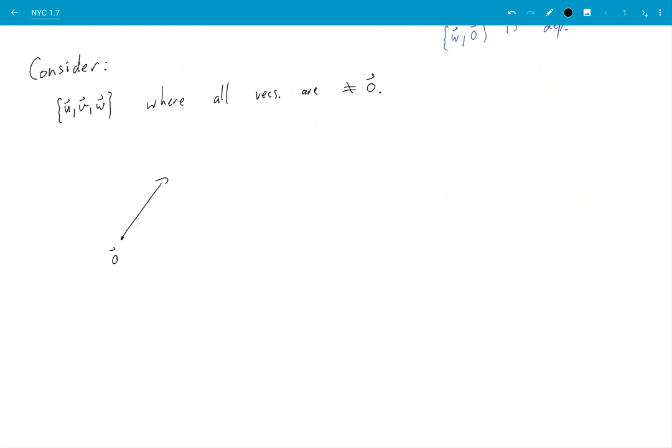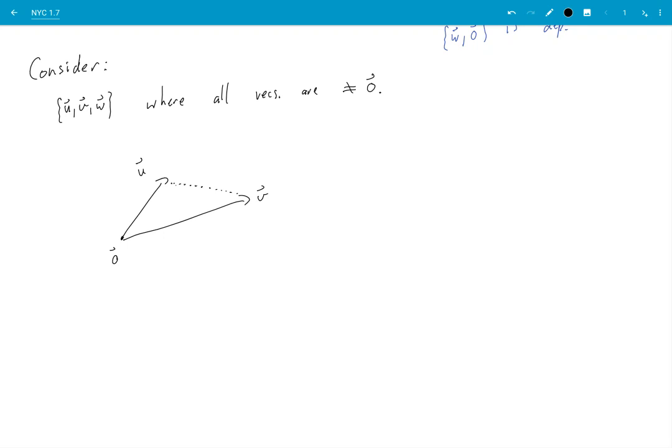Now, it's a bit hard to draw, but if I have U like this and V like this, now if I have W that lies in the same plane as U and V. So what I mean by plane is I form this triangle to help me visualize.